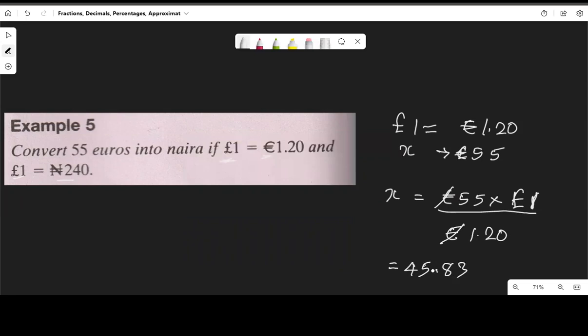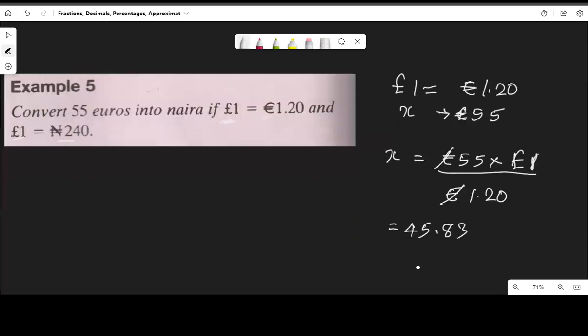Let's convert this now to naira. This is in pound now, and they say 1 pound is 240 naira. So if 1 pound is 240 naira, then what would be 45.83 pounds? Let it be X. Cross multiply.